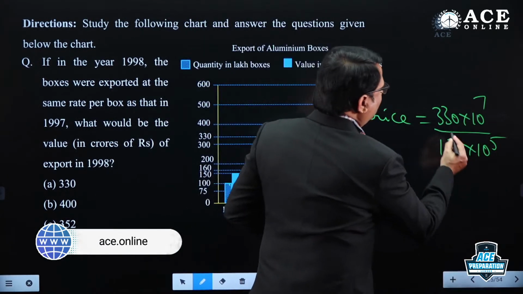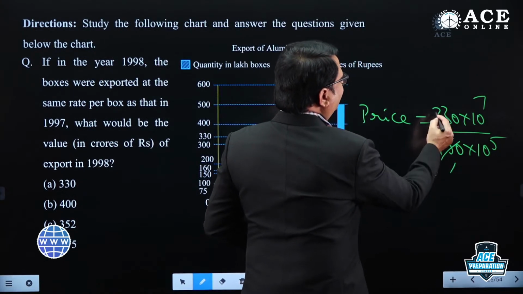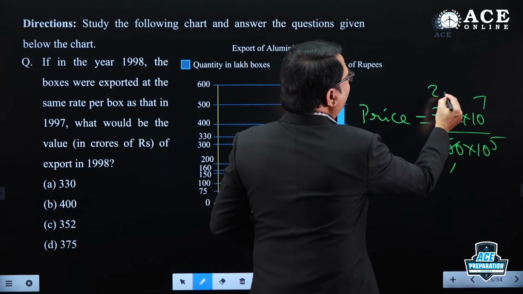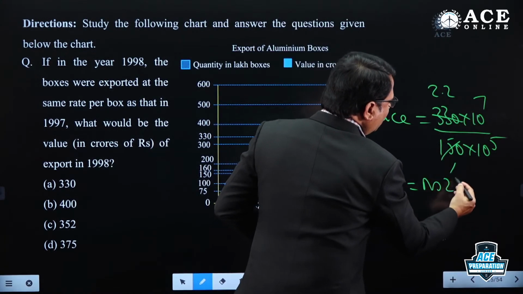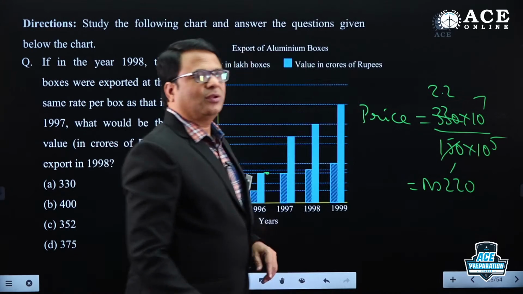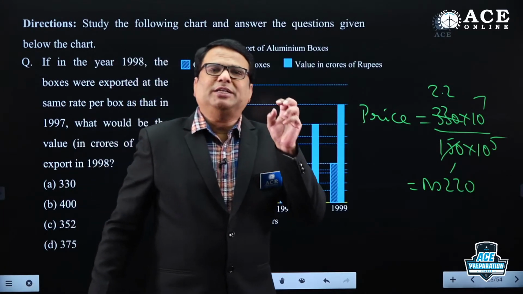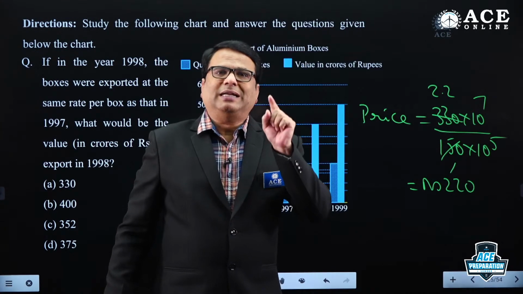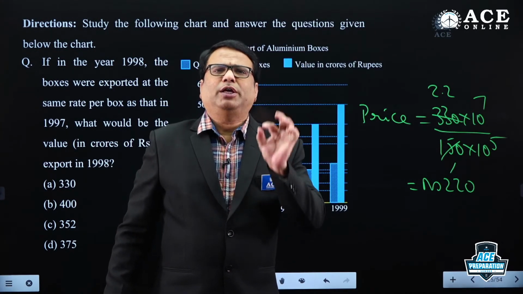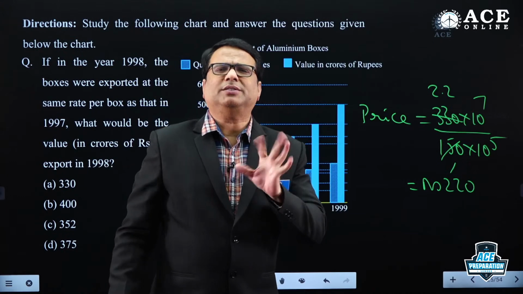Then what happens? The value of each box, value means price, is 220 rupees.